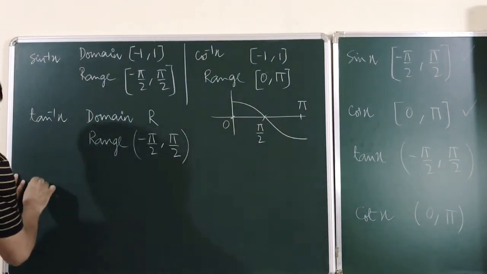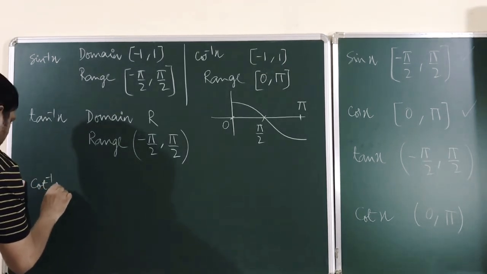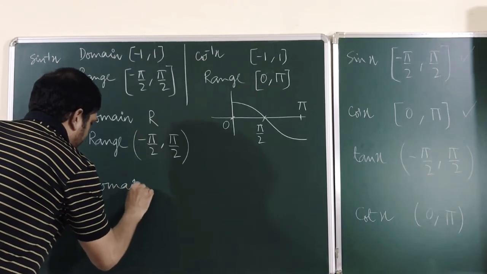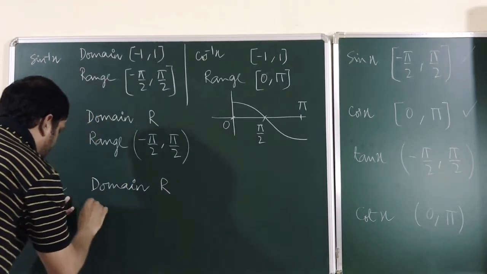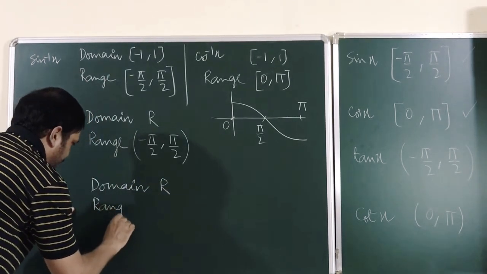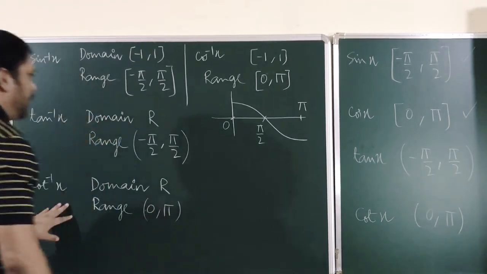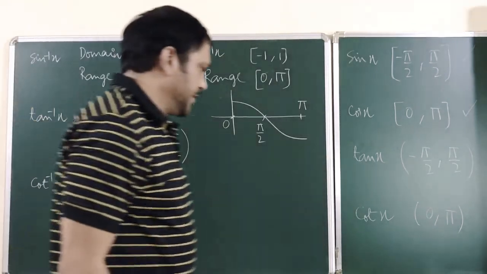And similarly for the cot inverse of x, the domain is all real and the range is 0 to pi open interval. So I think this is clear now.